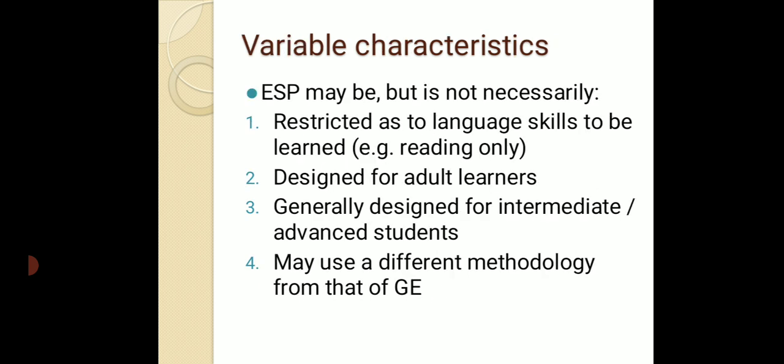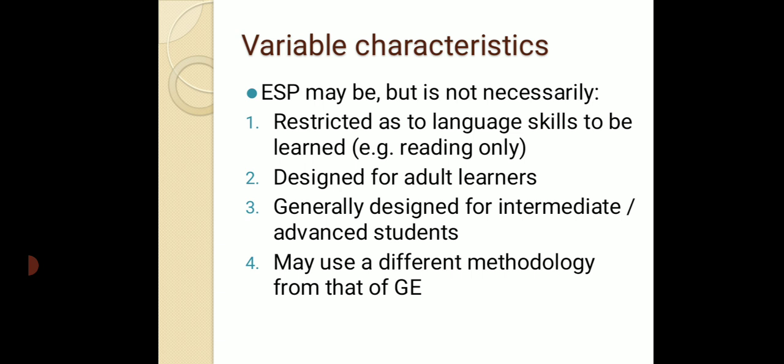Okay, next we are going to see the variable characteristics. So variable here is not a must. ESP may be, but it is not necessarily restricted to language skills to be learned. So ESP can relate to one skill teaching only. For example, in ESP, English for receptionists, we are teaching speaking skill to the receptionists.